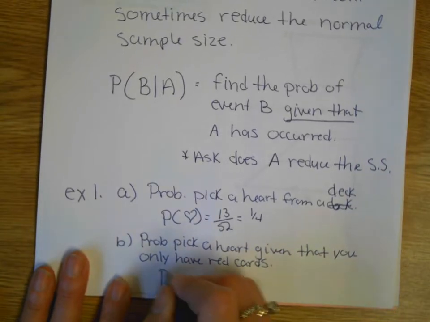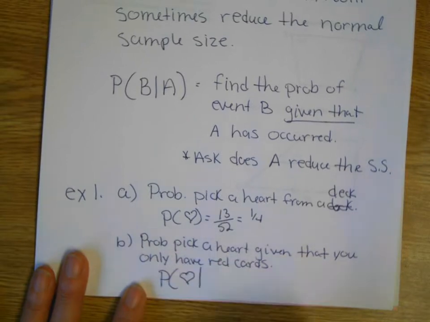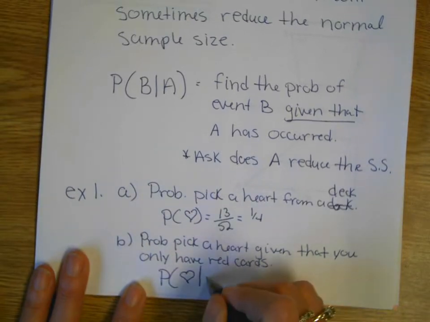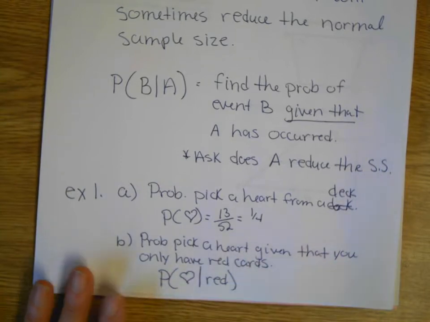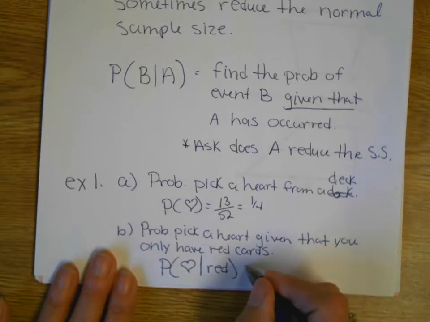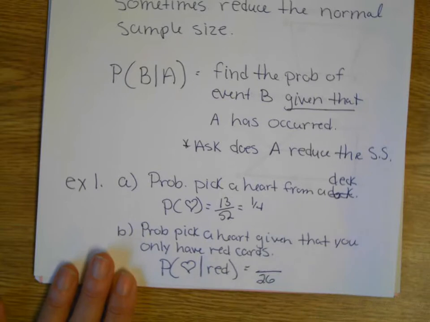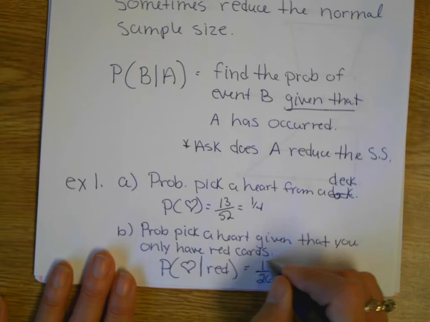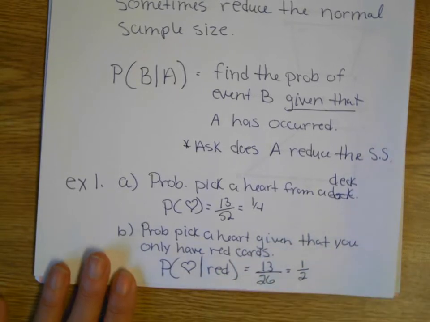The notation would look like: find the probability of picking a heart, given that, and this would say red, and you'd need the sentence to say that I'm only picking from the red. So what's happened to my sample space? Is it still 52? What is it now? 26. There's only 26 red cards, the 13 diamonds and the 13 hearts. Or you could have told me 1/2.